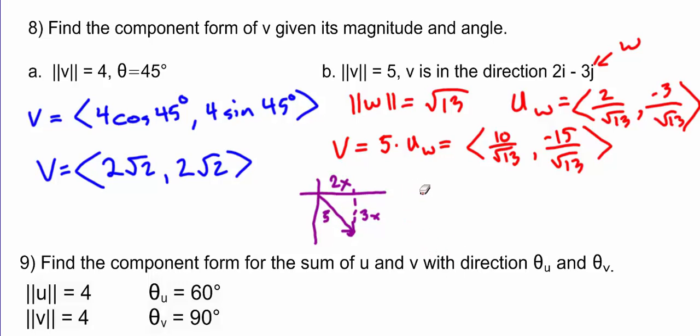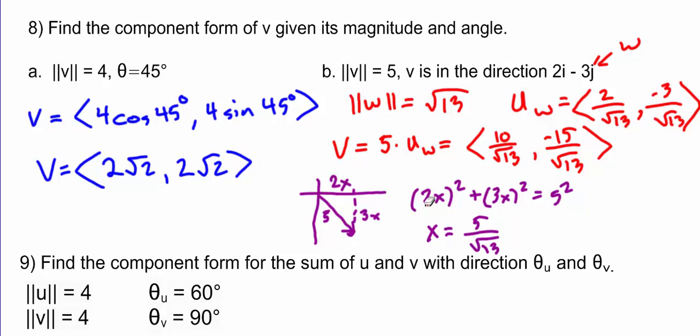And then we can just use Pythagorean theorem. So we'll have 2x quantity squared plus 3x quantity squared equals 5 squared. And we end up with x being equal to 5 over the square root of 13. Now you may notice we run into a lot of the same numbers.